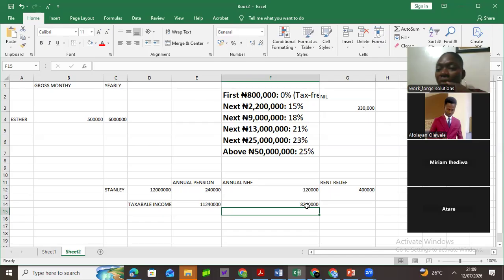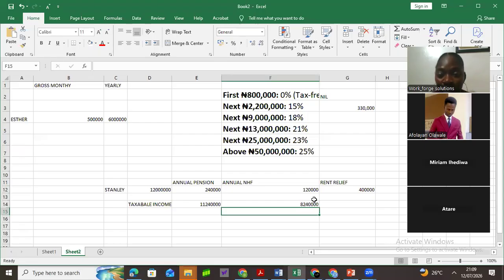Because we removed the 800,000 first. So it did not really fall totally on 2.2. So we have to do it step by step. First 800, next 2.2, next, so you have to take it like that until you exhaust everything.